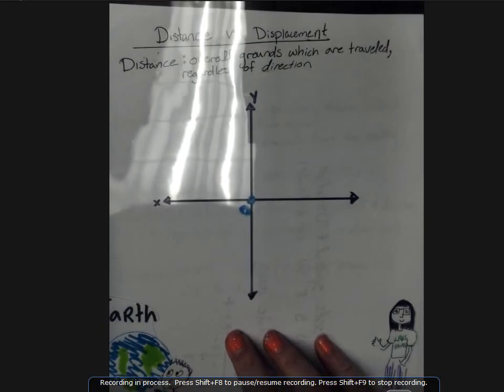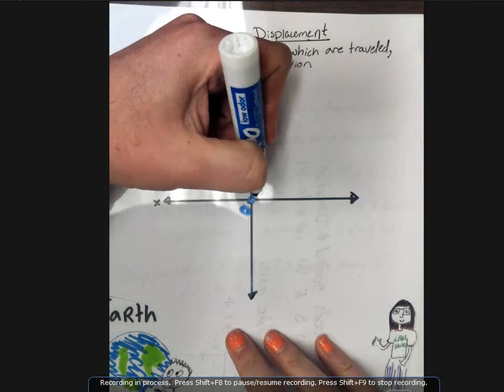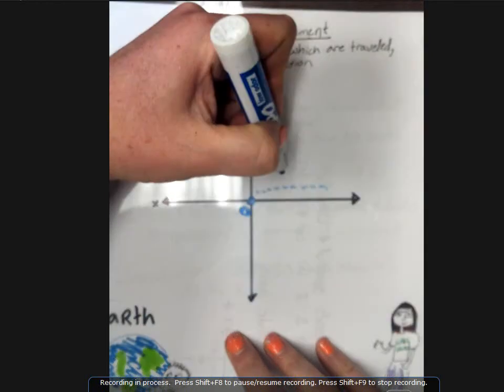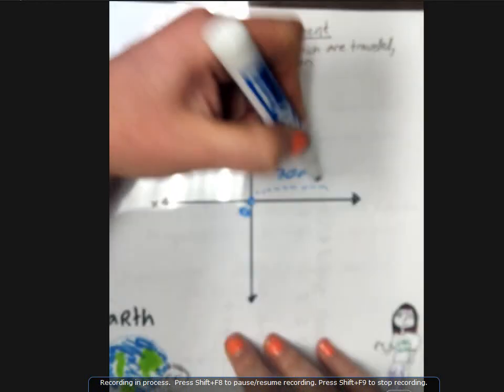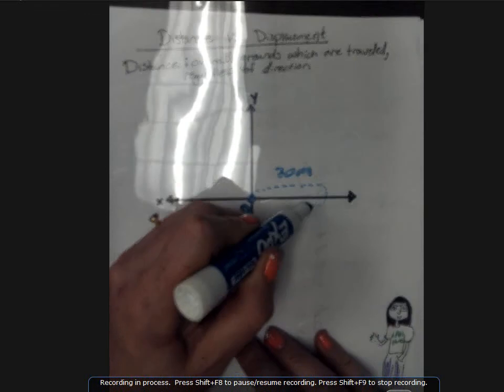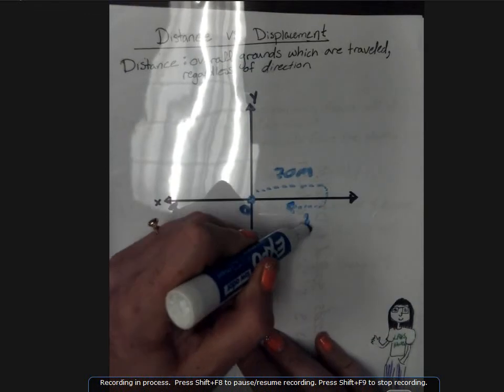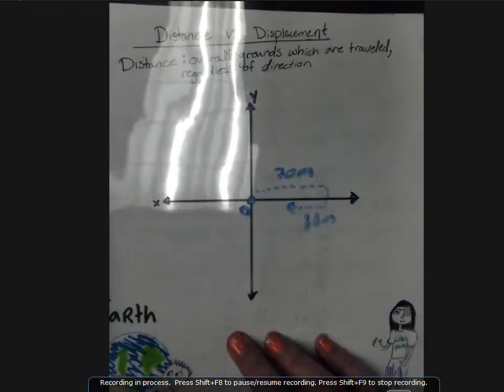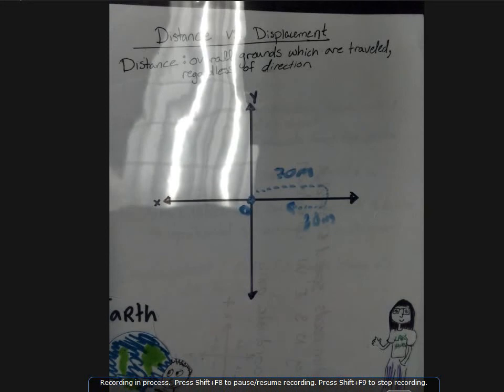And let's say you traveled 70 meters in this direction. And then you decided to turn around and you traveled 30 meters in this direction. So what is the total distance that you traveled?